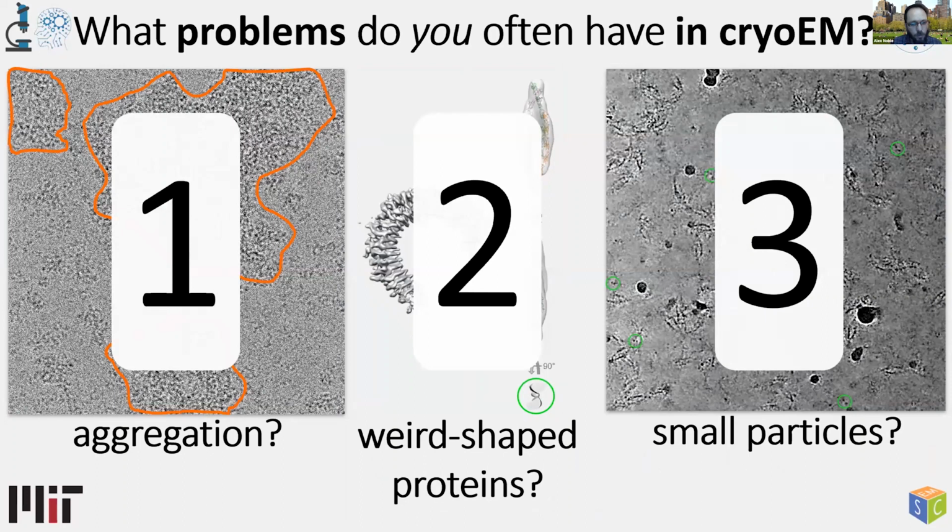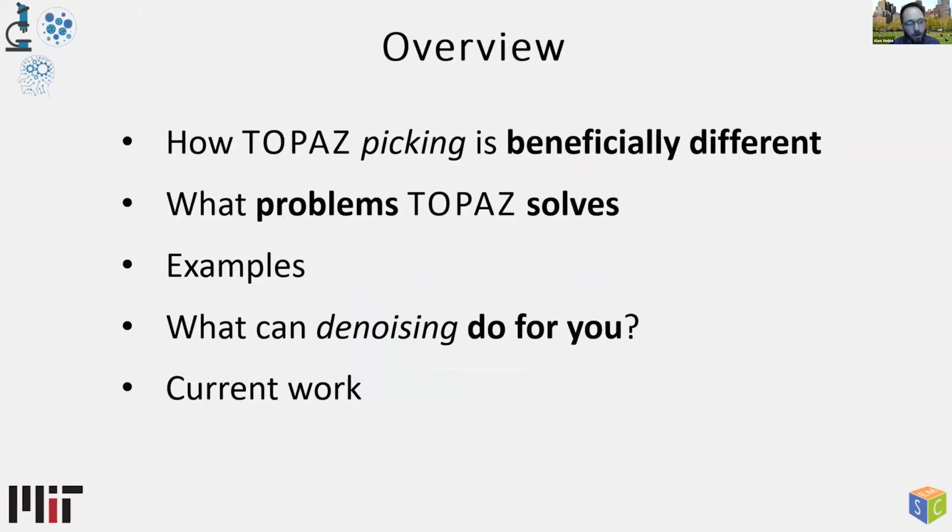All right, so while you go ahead and type that, I'm going to give you a quick overview of what I'm going to talk about today. I'm going to talk about how Topaz picking is beneficially different, and what types of problems Topaz solves, and I just gave you some hints there. I'm going to go over some examples, go over neural network denoising and how it can actually be useful for you, and then quickly talk about our current work.